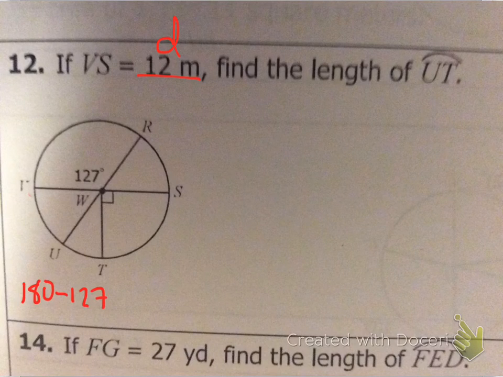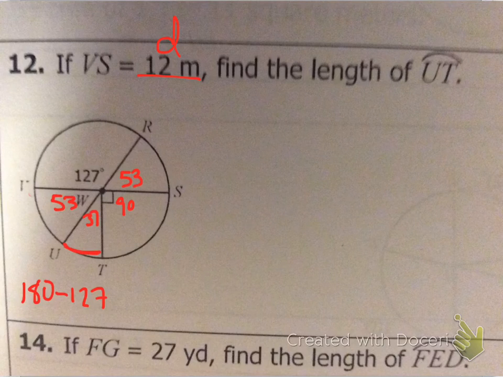That's going to give me, what is that going to give me? 53 degrees. Okay, so that should be 53 degrees right there. That's 90. So if I say 90 plus 53, I get 143, and subtract from 180, I get 37 degrees. So this right here is 37 degrees.